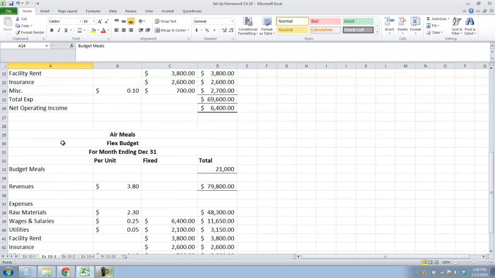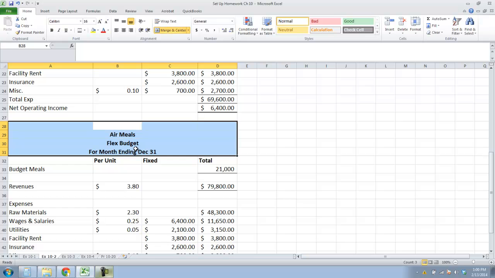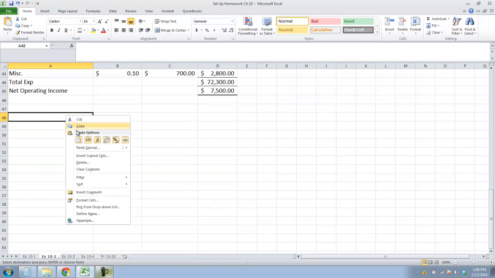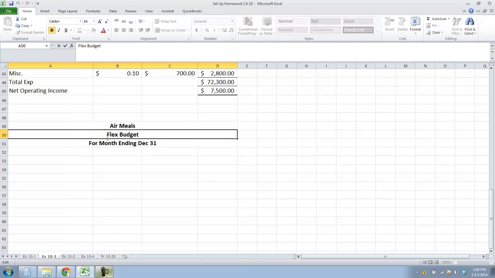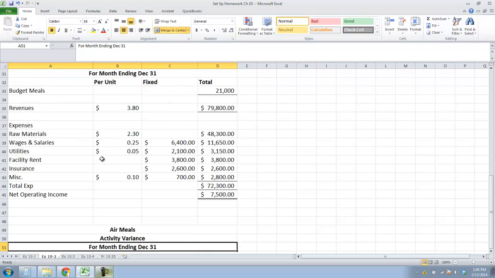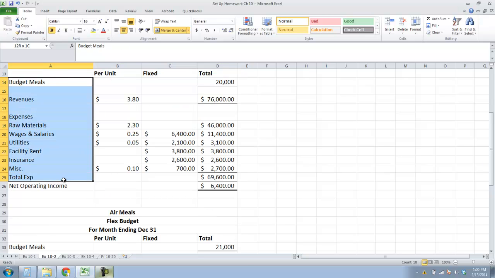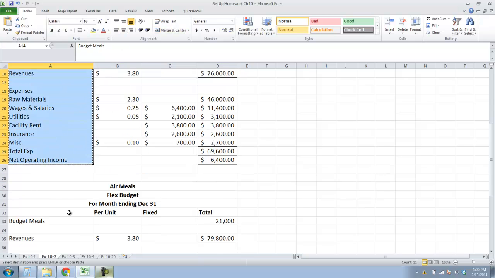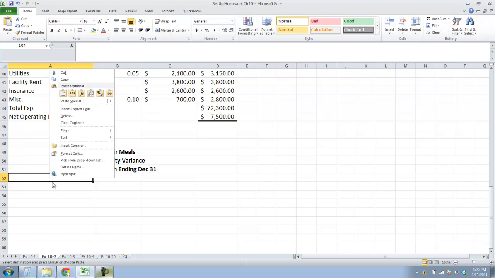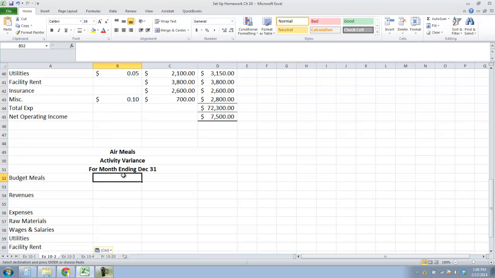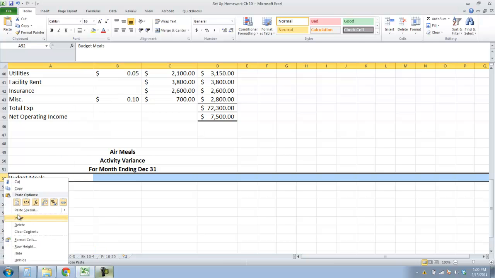So in order to prepare an activity variance, I'm going to copy the title, move it right down here, and I'm going to call this activity variance. And I'm going to copy from the very top exactly what we're comparing. And then I'm going to actually insert one more row here.